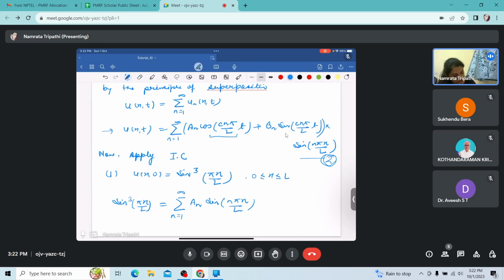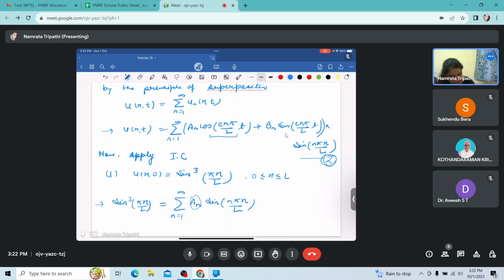So our target is to find the value of a_n and b_n. From here, how to find the value of a_n? With the help of Fourier coefficients. We have already evaluated the value of the constant. How to evaluate?